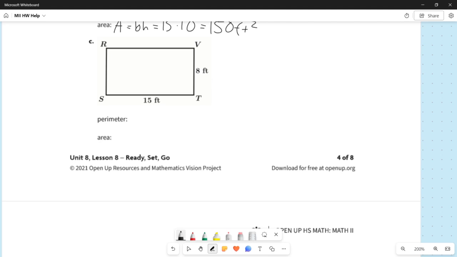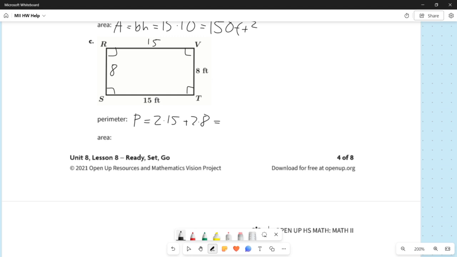Part C, very similar to B. Again, we're going to assume we have a rectangle. We kind of have to make that assumption. Opposite sides of a rectangle are congruent. So this is also 15. This is also 8. So the perimeter is going to have two 15s plus two 8s. Two 15s is 30. Two 8s is 16.